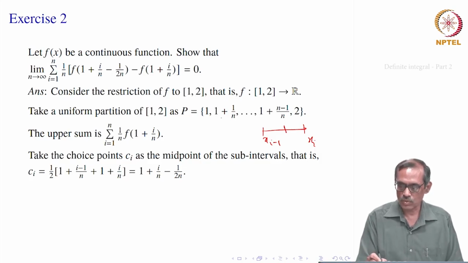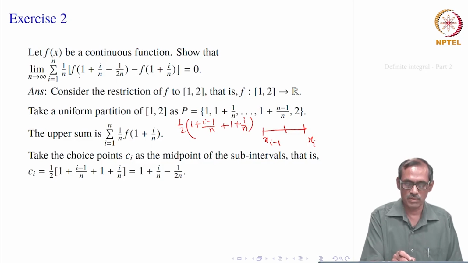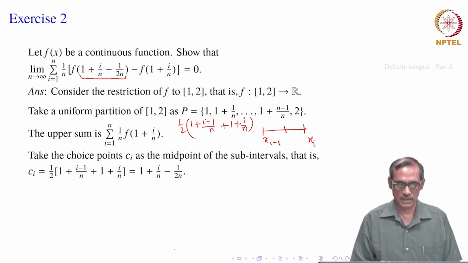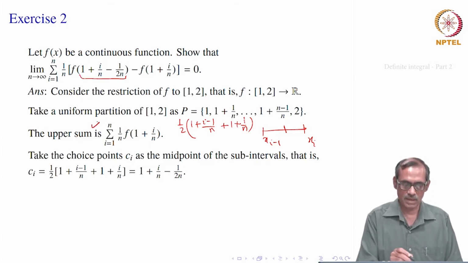That midpoint is [1 plus (i minus 1) by n plus 1 plus i by n] divided by 2, which gives you 1 plus i by n minus 1 by 2n, as asked here. So, that is our c_i, and this is one particular Riemann sum where c_i is chosen as the midpoint.